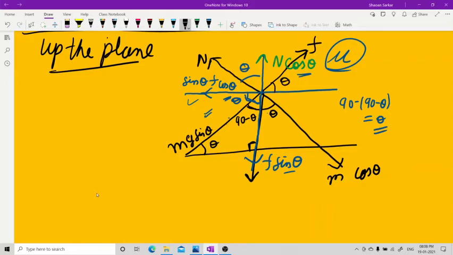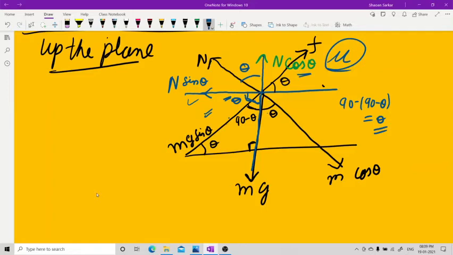Now one more thing will change: this component will no more be here, and this component will vanish from here. Only mg will be left here. This will remain n sine theta only. There is no change in this. This will be n cos theta, as written in the green color.